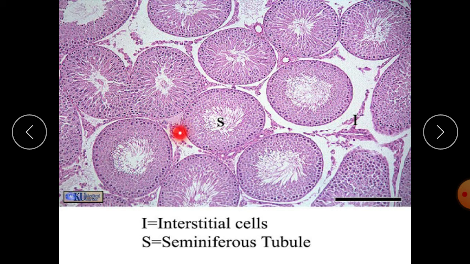This interstitial tissue has interstitial cells or Leydig cells which produce testosterone hormone. So these are seminiferous tubules.